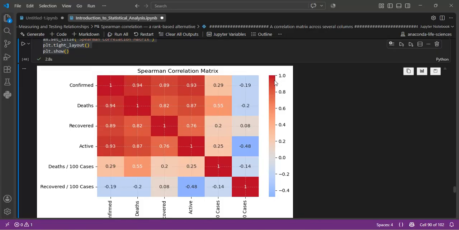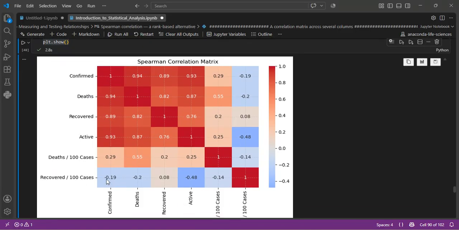You can see that there is 1 throughout, meaning that the correlation between two same columns, confirmed and confirmed, is always 1. Death and death is always 1, so that's why we have 1 throughout. But confirmed and death is 0.94. Confirmed and recovered, that's the correlation, so it gives that.